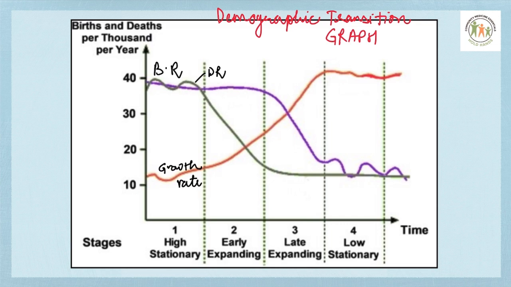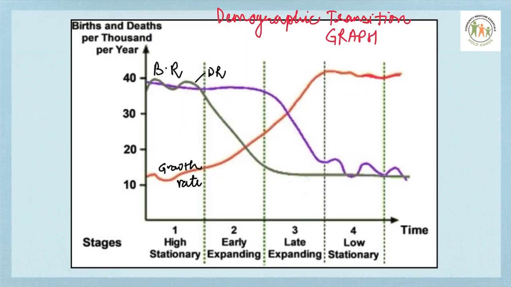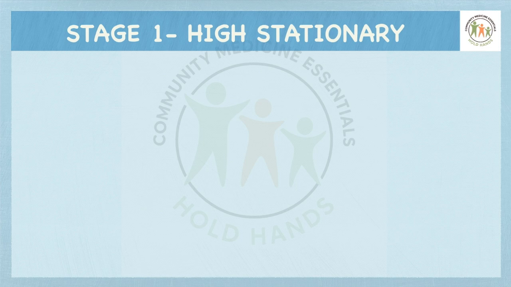Let's discuss these stages of demographic cycle one by one. Stage 1, high stationary. In this stage 1 there are high birth rate and high death rate. These cancel each other.